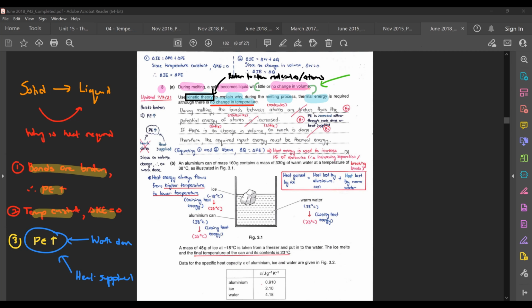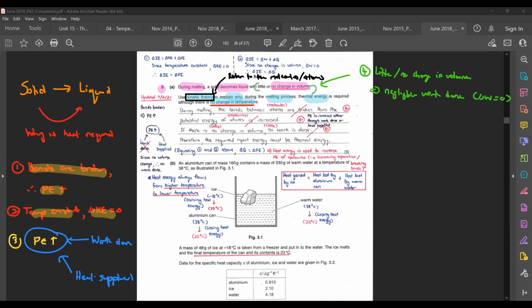Okay, so here, if I give you point number 4, this one they say little or no change in volume. You can actually say that is negligible work done. Your delta W is 0.